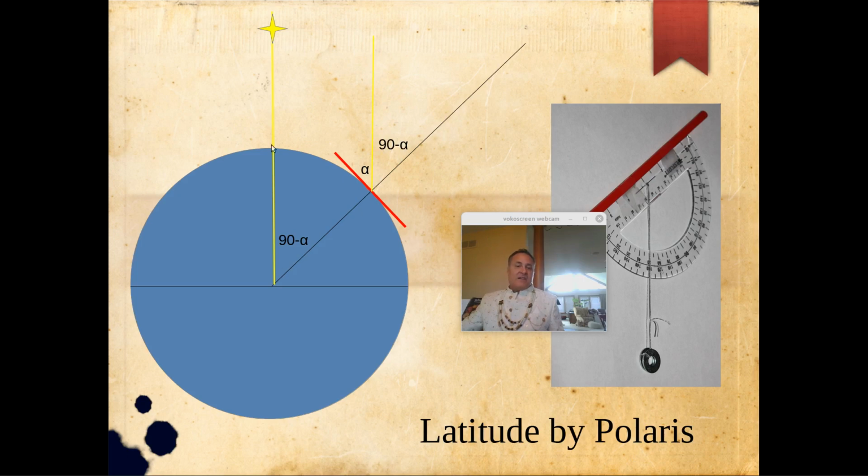And notice here at the center of the Earth, again, a yellow and a black line. And because Euclid tells us that corresponding angles are equal when two parallel lines are cut by a transversal, we know that this angle at the center of the Earth must also be 90 minus alpha.